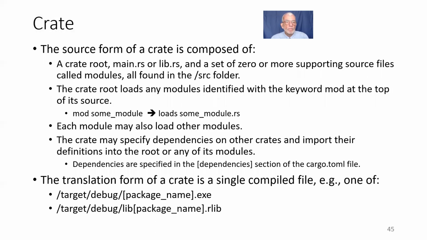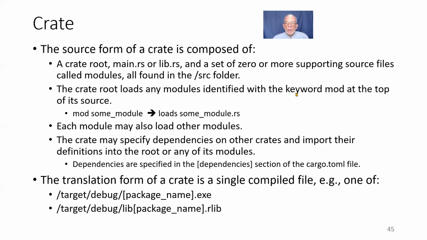Okay, so the source form of the crate is composed of the modules and the crate root, either main.rs or lib.rs, and 0 or more files that are modules in the source directory, and the crate root specifies dependence on that with the keyword mod.